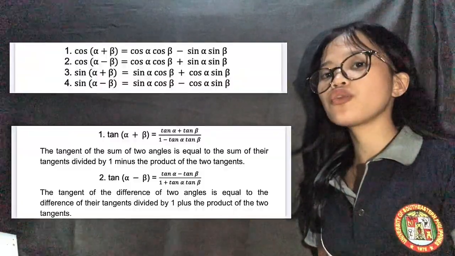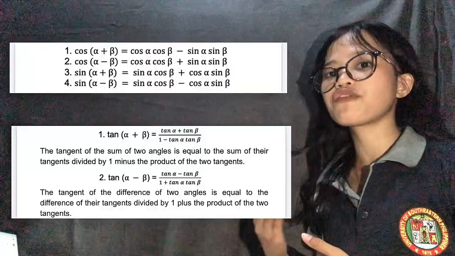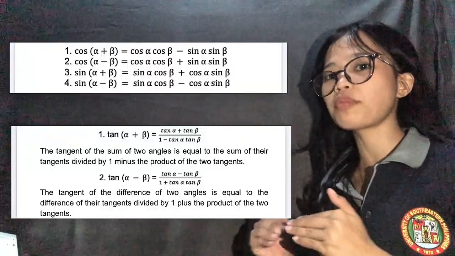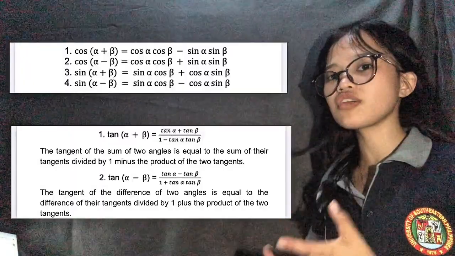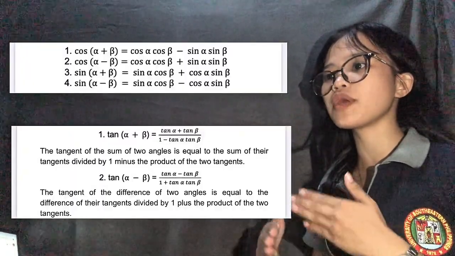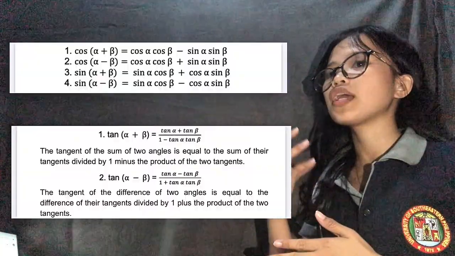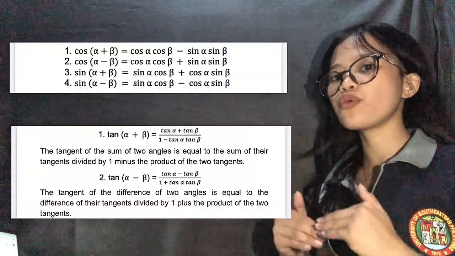Now you're going to use these formulas if you're going to calculate some trigonometric functions for angles that are not part of the standard unit circle, such as 30 degrees, 45 degrees, 60 degrees, but these can be calculated if you add or subtract these known angles.